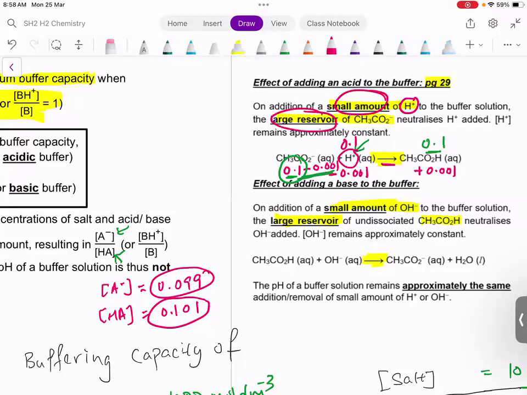Small amount and large reservoir are relative. A small amount is 1% of the original conjugate acid-base pair concentration. You get me? That's the meaning of small amount. It's just 1%, so it will give you a negligible change.